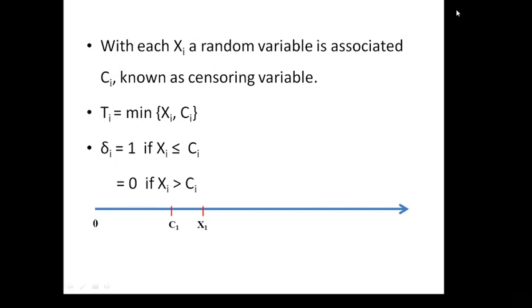And since it is at C1, C1 will get observed first. Even if the first unit fails at X1, we will not be able to observe it beyond C1. So C1 is the censoring time. The first unit will get censored at C1, and therefore we will have measurement T1 equal to C1 itself.